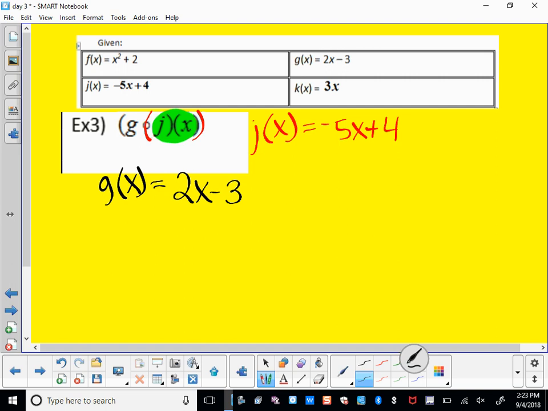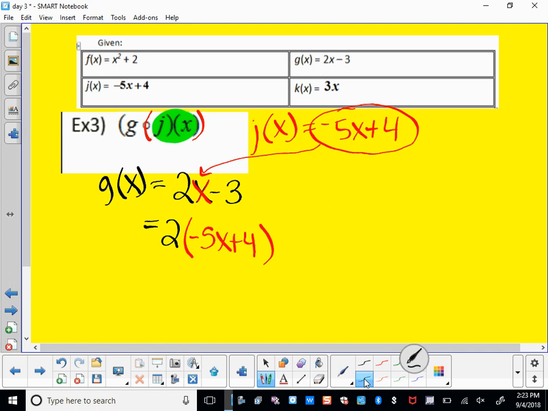What do I do with this inside piece over here? Plug it in for x. When I rewrite this in parentheses, I'm plugging in negative 5x plus 4.